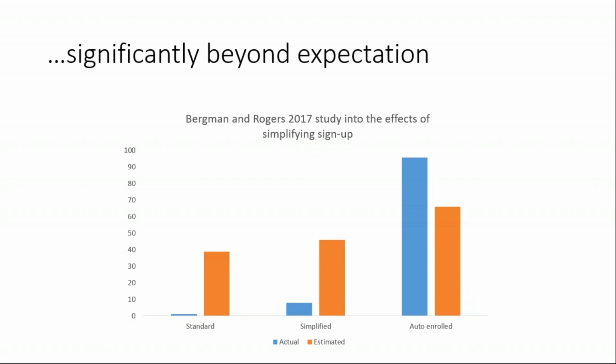What Bergman and Rogers argue, and I think this is as true for marketing departments as it is for the Department of Education, is that if people underestimate the importance of these small barriers, almost by definition, what will end up happening is that people will put too much time, energy, effort and money into improving the content and changing motivation, and too little emphasis into removing those tiny bits of friction in the sign-up process.